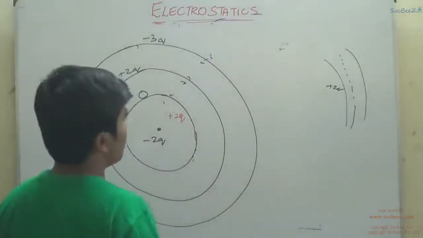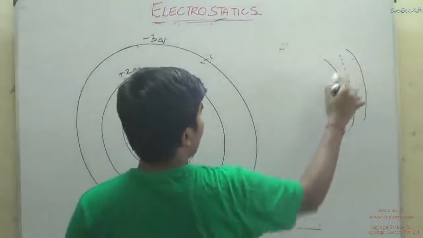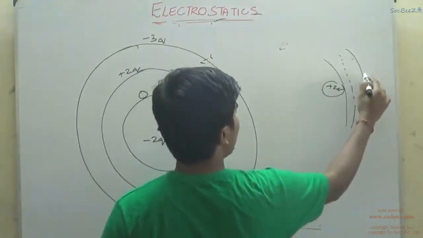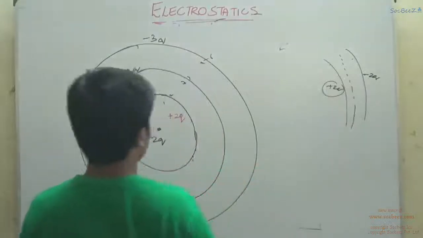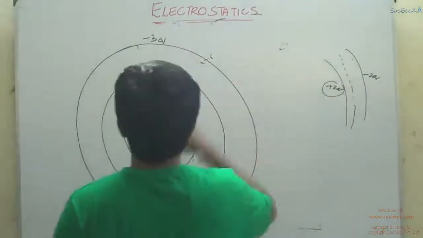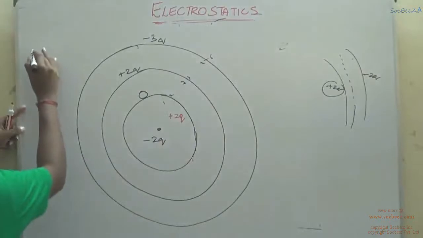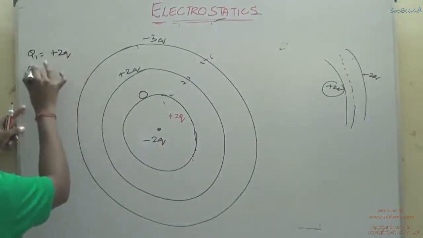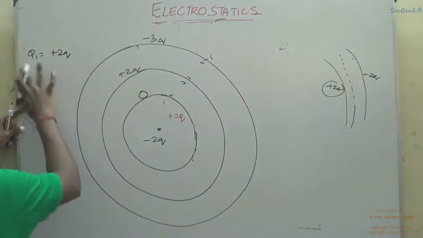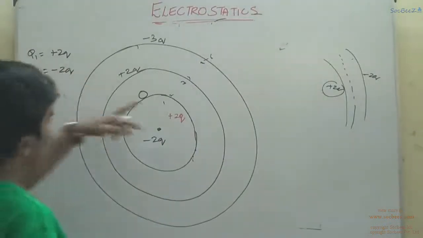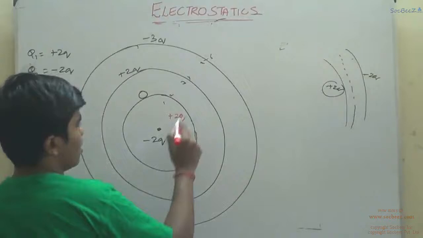Now this conductor was neutral and plus 2q charge came here, so this surface should get a minus 2q charge, right? Thus, I'll write them here. So we get Q1-1 equal to plus 2q, Q1-2 equal to minus 2q. Why was it so? To have charge conservation.